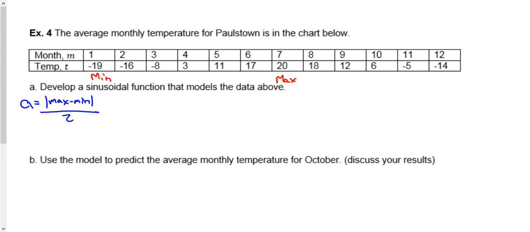Okay, so let's find our amplitude. So max minus min divided by 2, max is 20 minus negative 19 there, all divided by 2, and that of course gets us 19 and a half. That's going to be my amplitude.